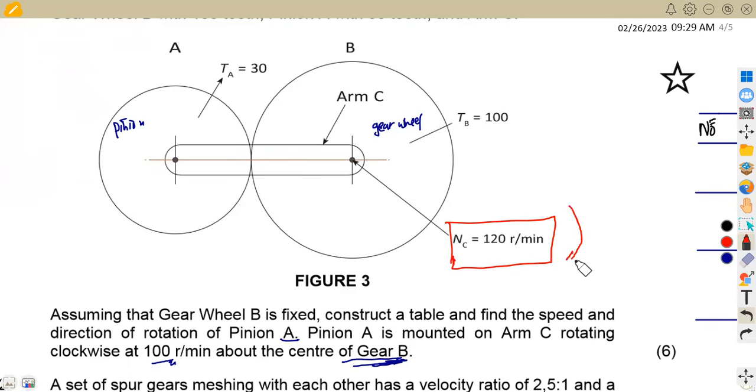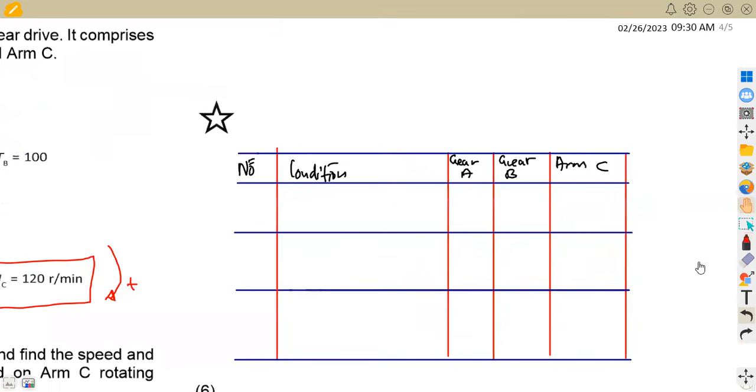And remember, clockwise is positive. So if this is rotating clockwise, which means your B is also going clockwise, so your B is going to be positive clockwise, whilst A is going to be opposing this direction, which is anti-clockwise. So A is going to be anti-clockwise. This is what you're going to have on our conditions.